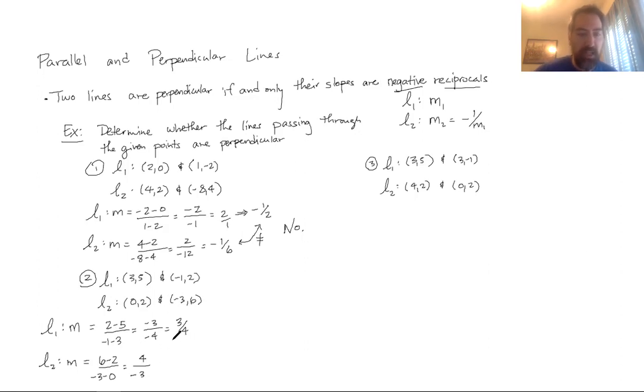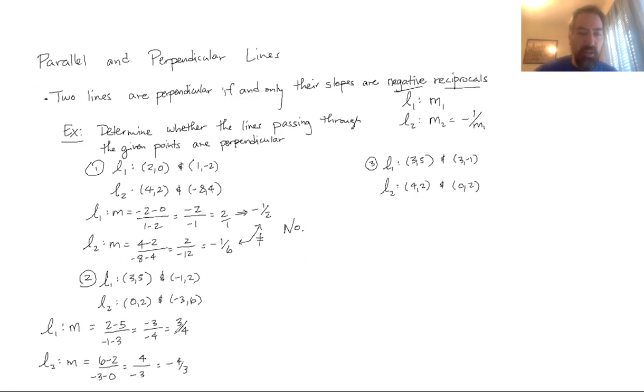Are they negative reciprocals? By the way, if you have a negative in the denominator, that's the same as writing the negative in front of the fraction. That negative can float around: you can move it to the numerator, or just move it outside in front of the fraction. So 4 over -3 can also be thought of as -4/3.